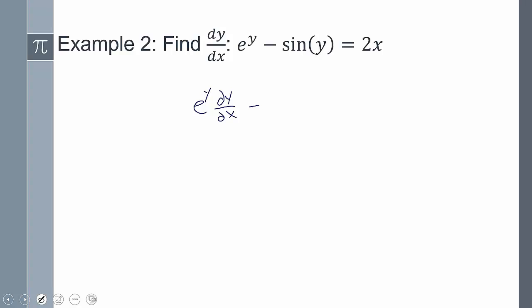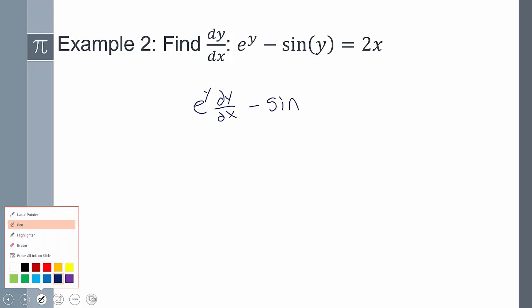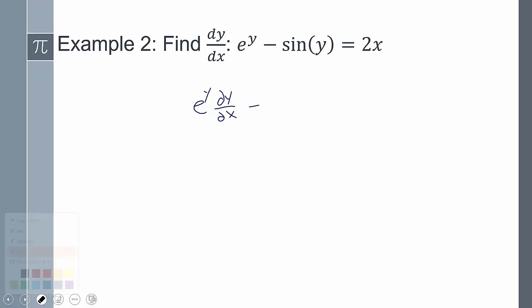So the sine of y here is going to give me the derivative of the outside, so we're going to get cosine of y times the derivative of the inside. Well, the derivative of the inside y is just 1, but I get my dy over dx, and that's going to equal 2x. Well, the derivative of 2x is 2.